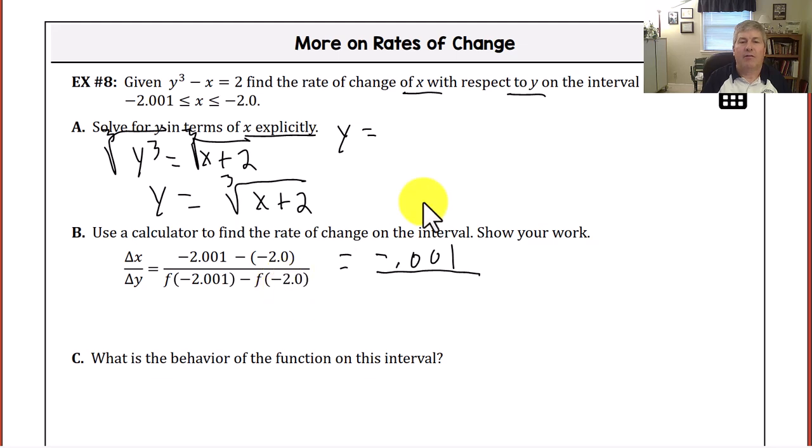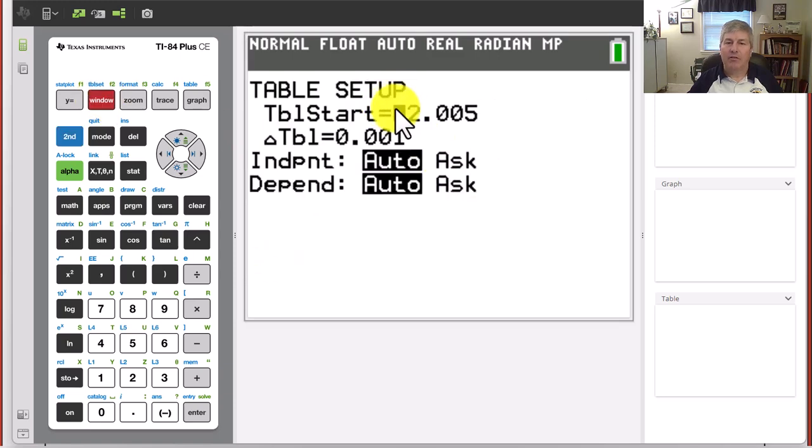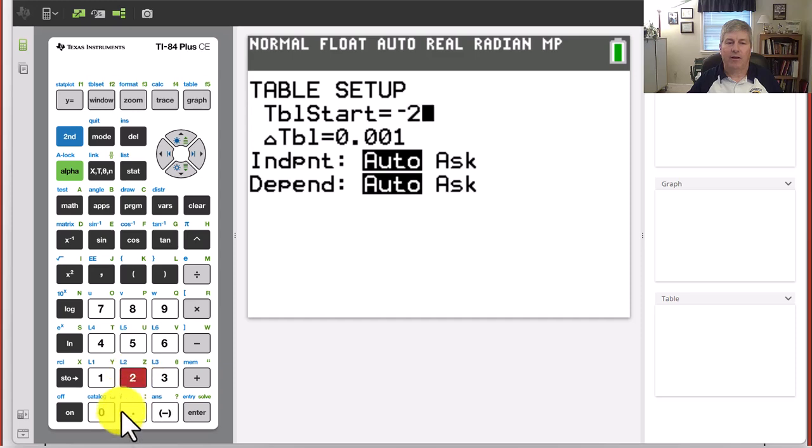So at my graphing calculator, I go ahead and put in the cube root of 2 plus x, and then I'm going to go to my table set menu. So second table set, and I'm going to start my table at negative 2. Mine shows here negative 2.005, but I could just start it at negative 2.0. And I'm going to do my change of table because I'm going just to negative 2.001.